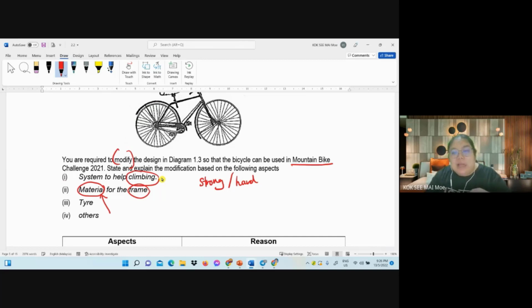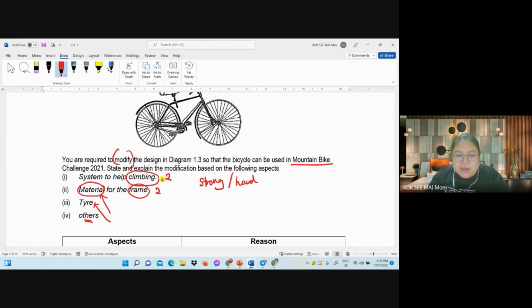That's all, enough already. Okay, so tire. The tire, you want it bigger or smaller. This one you need to mention. And others, others means not enough marks, you need extra. So you can see 1 point is actually 2 marks. You give the point, you explain, so 2 marks.